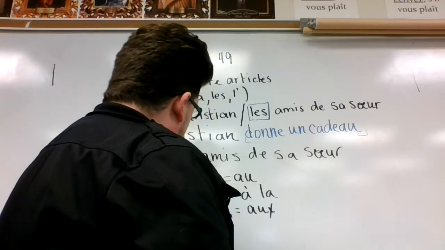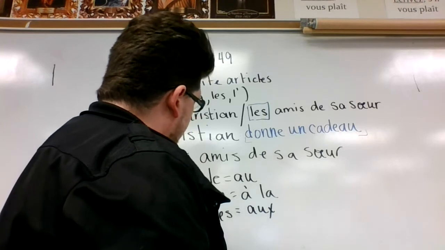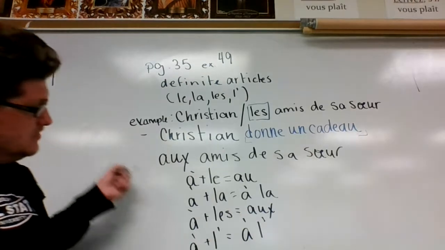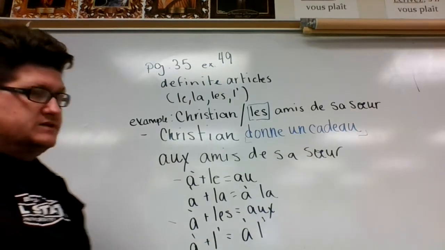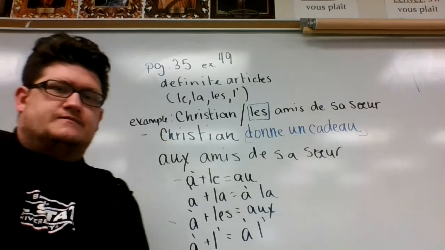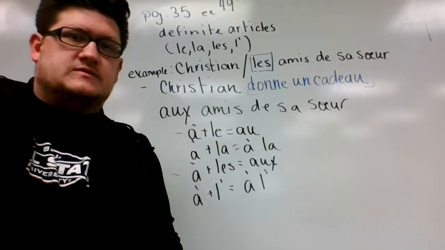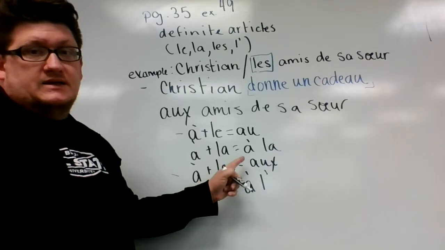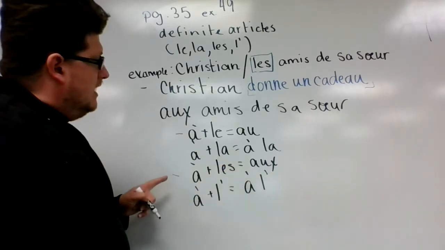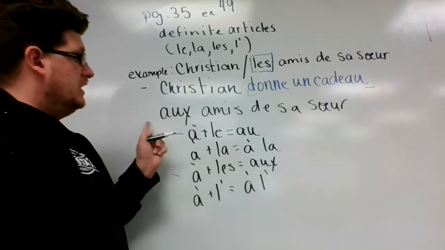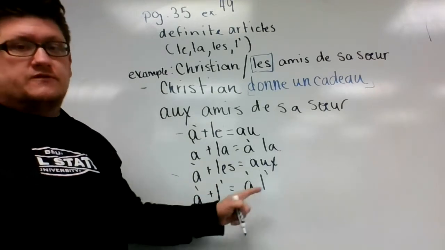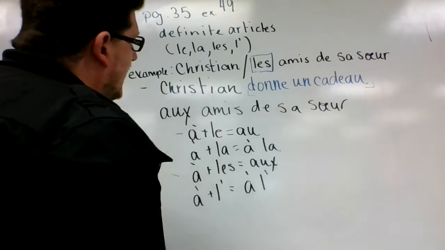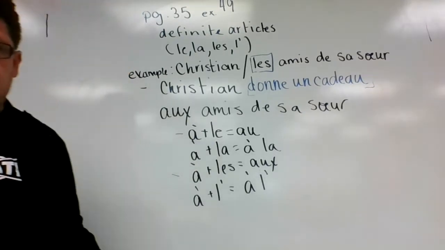And à plus l' equals à l'. So the only ones that really change are these two. À plus le is au. À plus la is à la, which stays the same. À plus les changes to aux. And à plus l' remains à l'. So that is the example for that one.